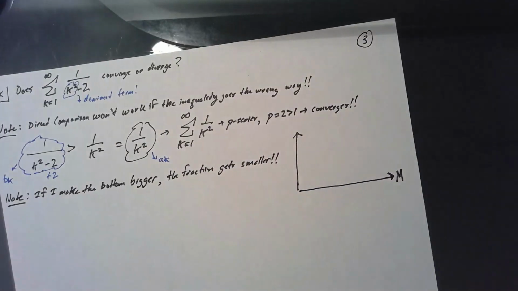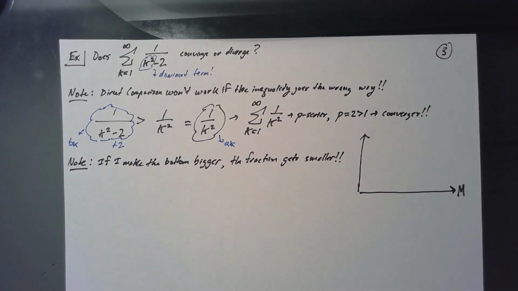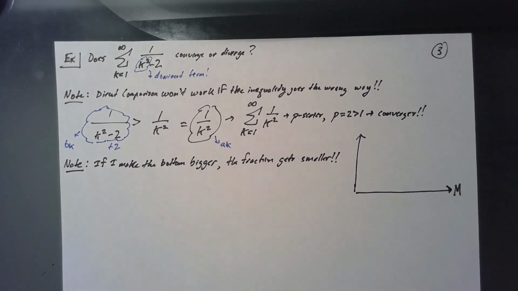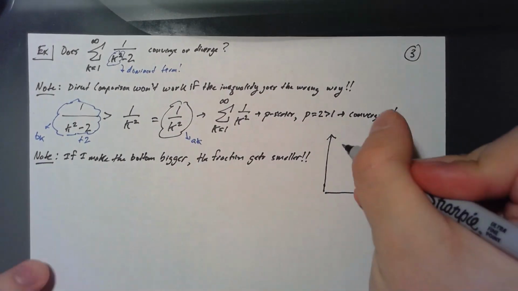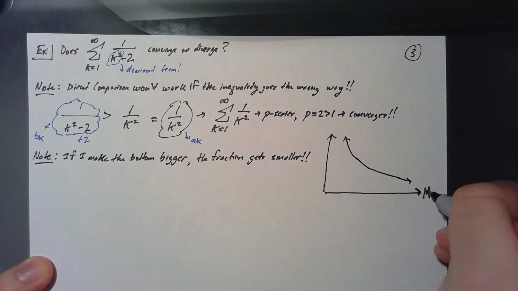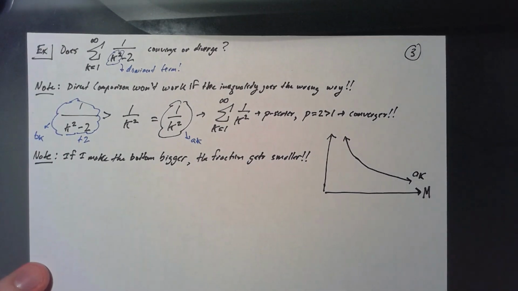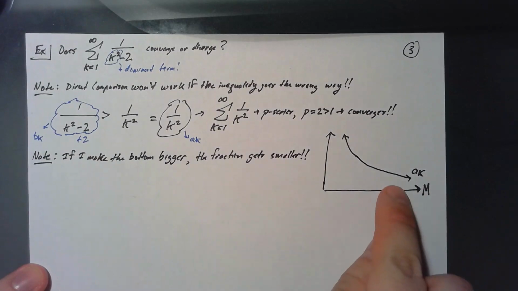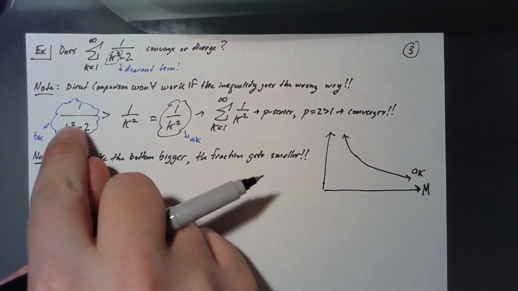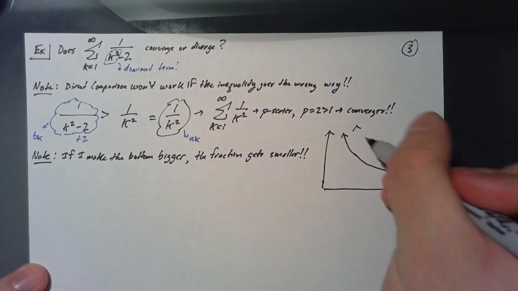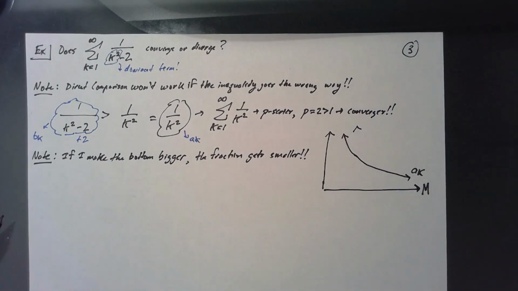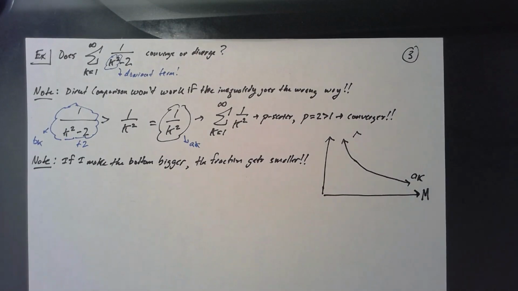All right. Now, what do I know about this series? It's a p-series that converges. So this series, a of k, converges to some value, m. So that's what a of k is doing, right? How is b of k related to this? Is it above it or below it? It's above it, right? So b of k is above it. Uh-oh, what's wrong? Well, I want you to see something here.